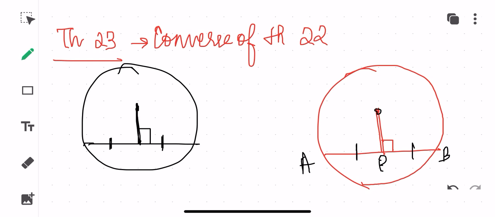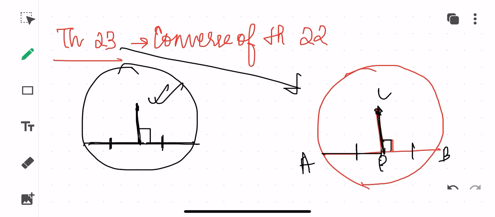And theorem number 23 says that in a chord, suppose I am dropping a perpendicular. Here they are already giving that it is a perpendicular. So if you are dropping a perpendicular, then these two parts AP will be equal to PB. Okay, just the converse. Here I have been given that my parts are equal, and here I have to prove that the parts are equal. So this is what is called converse.